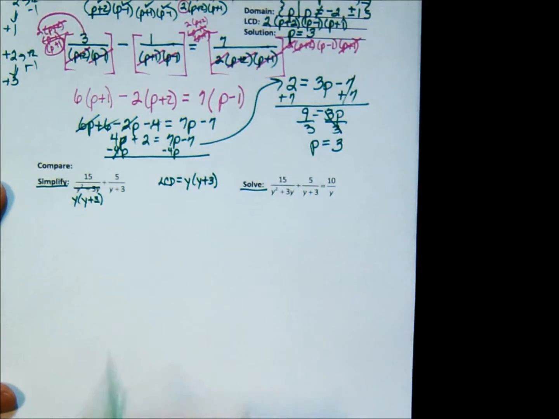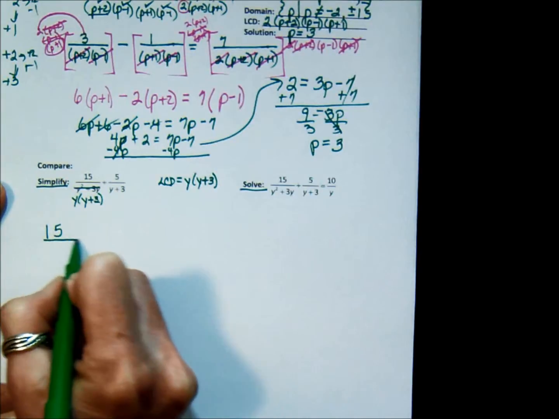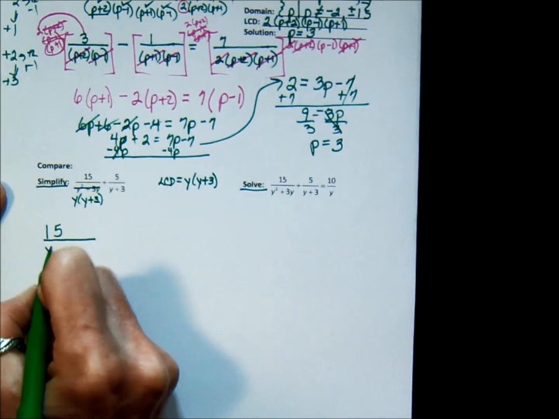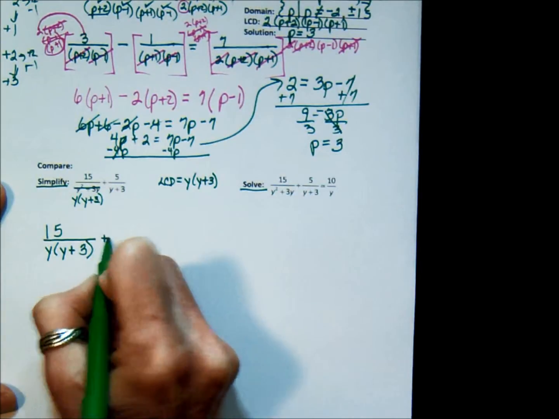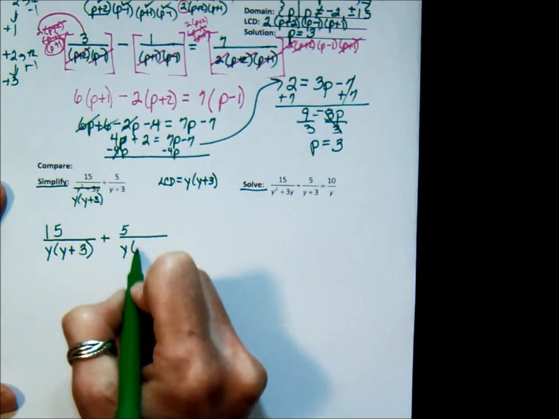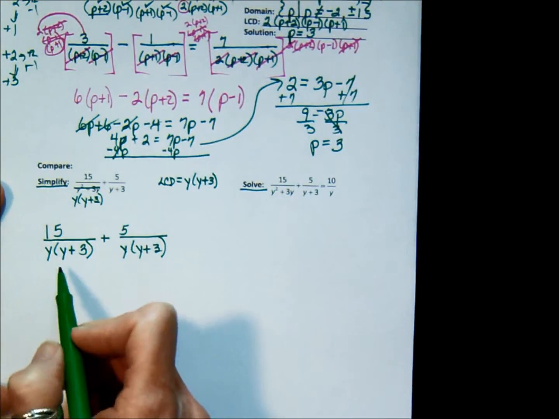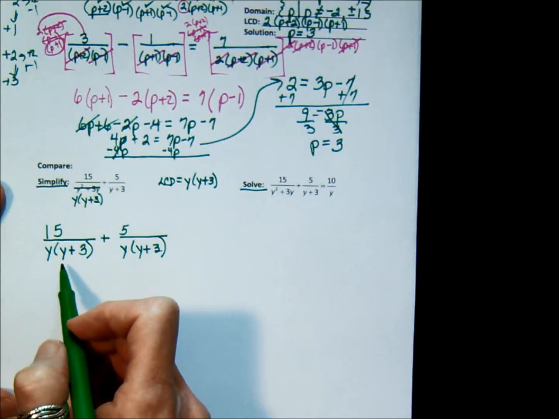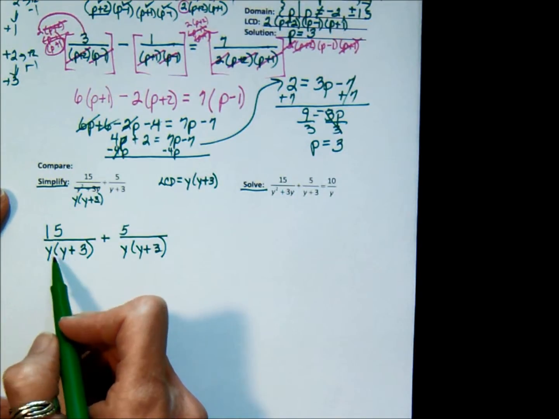So what I'm going to do is write what I already have and put it over the LCD that I'm trying to get to. Now, this is not what we've been doing in this lesson. This is a review of another lesson. I'm not going to multiply by the LCD. I'm going to say, what do I need to do to get to that LCD?